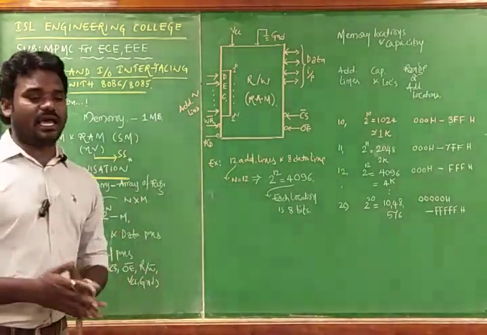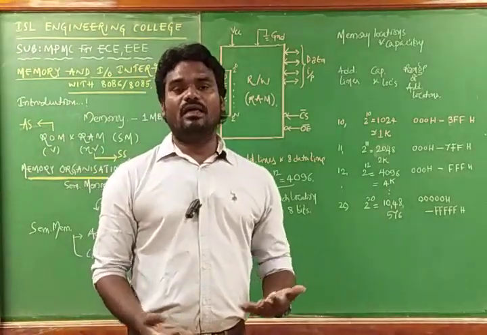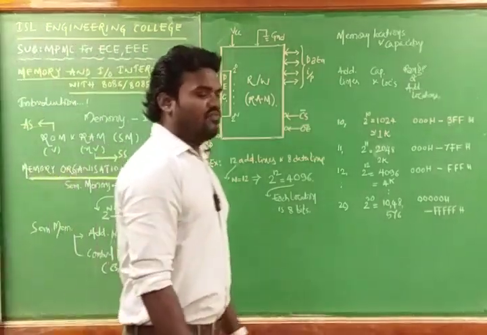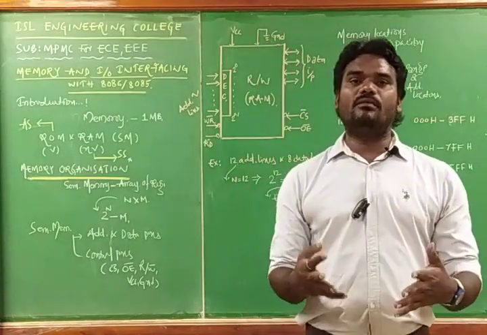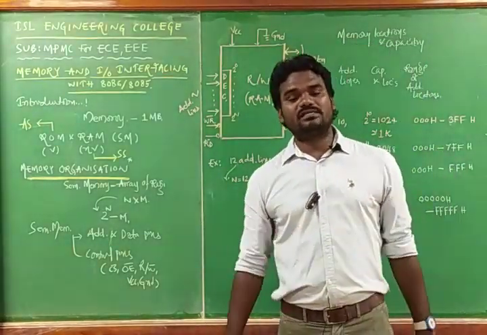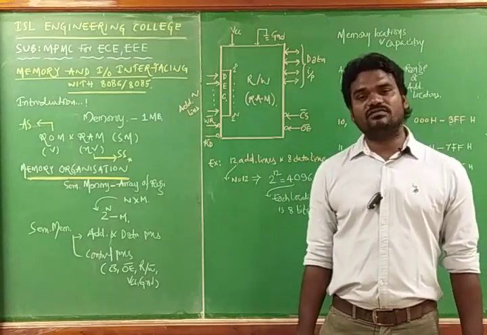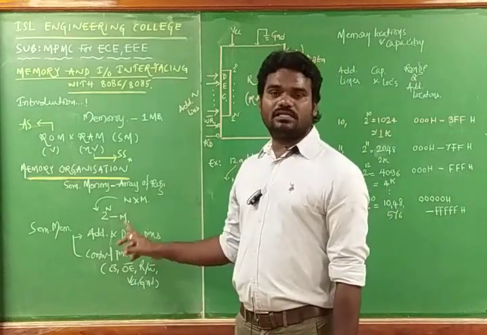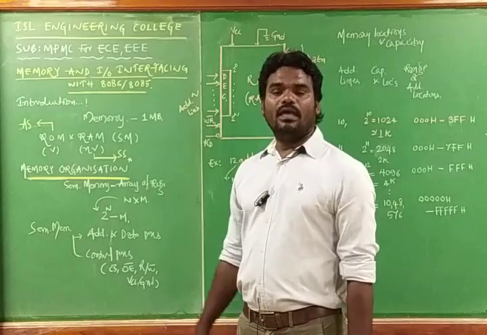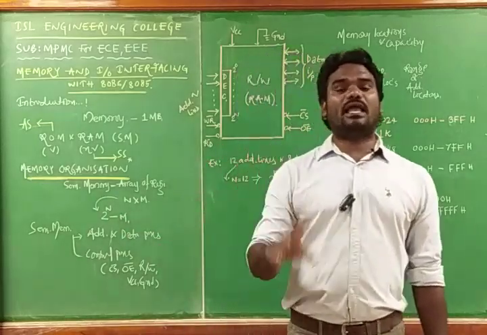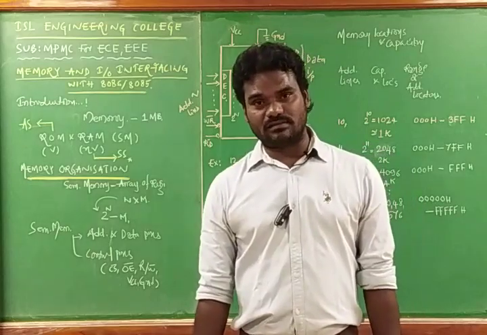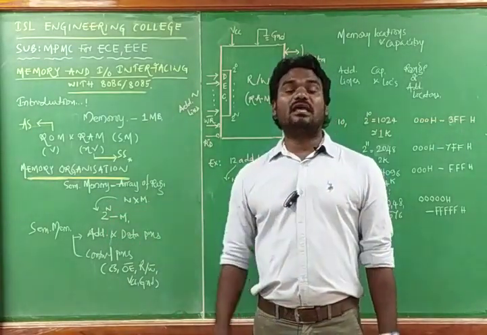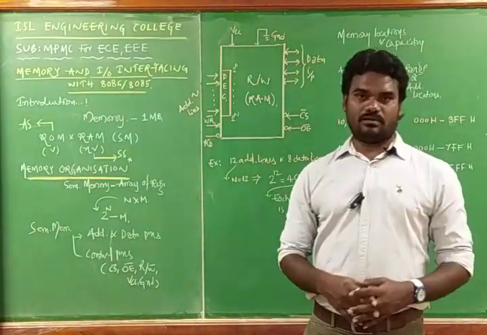Then the size of the memory, RAM or ROM, can be described by making use of the formula N by M. We should not read this as N into M, it is N by M. N is the number of address lines of that memory, and 2 power n represents the number of registers in the memory.